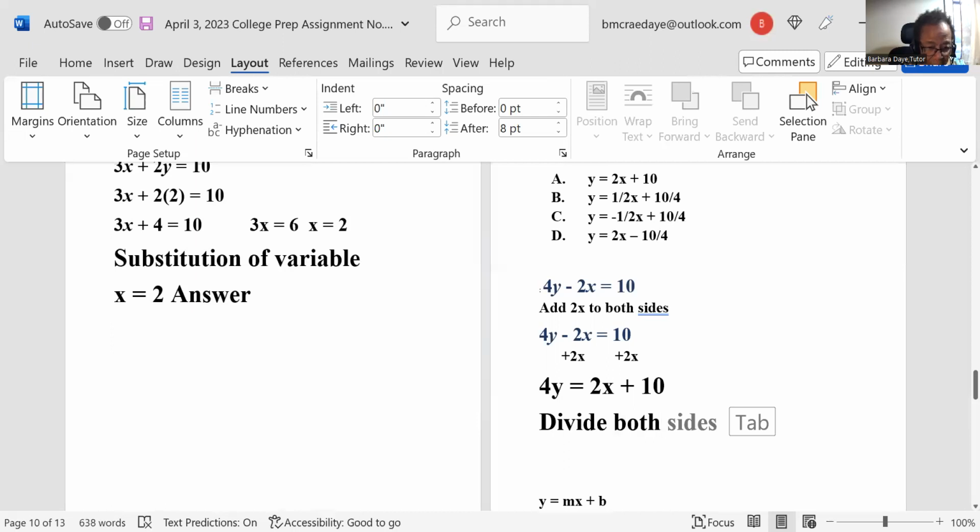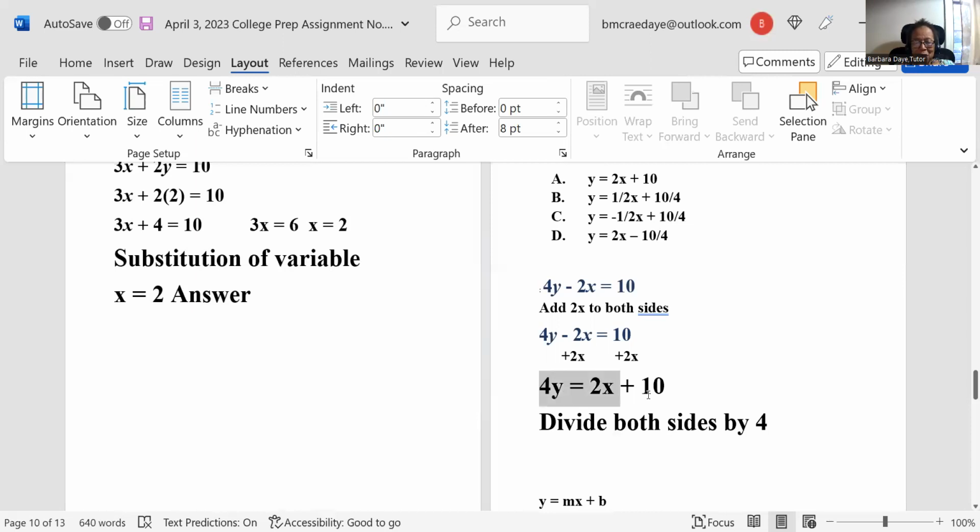By 4. You're trying to solve for y. Oh, by 4. There you go. I knew you knew it. Divide both sides by 4.